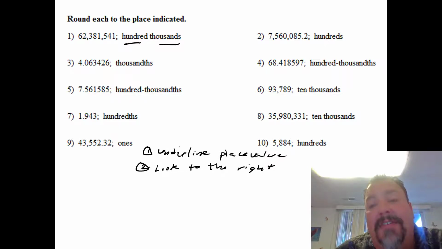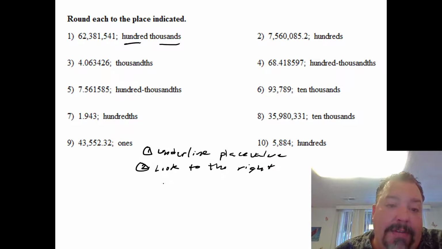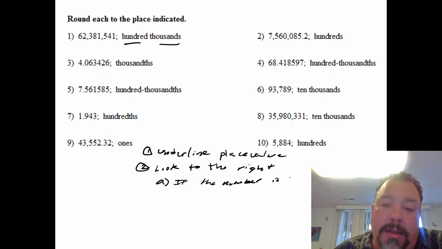And we have to make a decision. So here's how we make our decision. If the number to the right is 4 or below, then we round down. And let me explain what round down means.